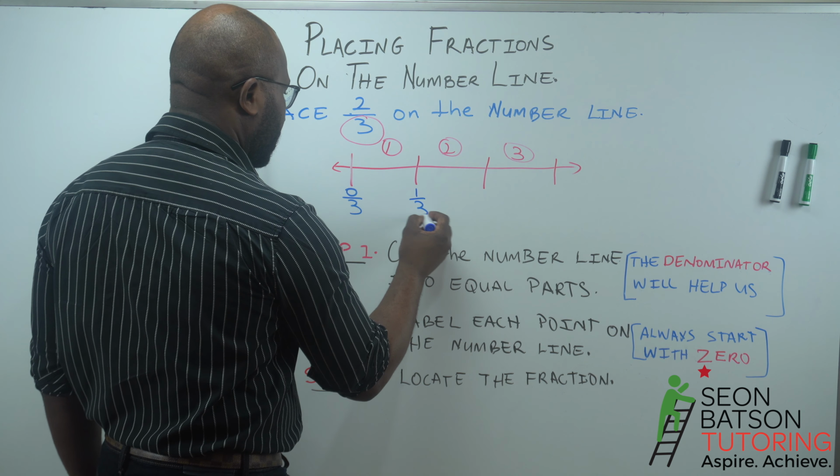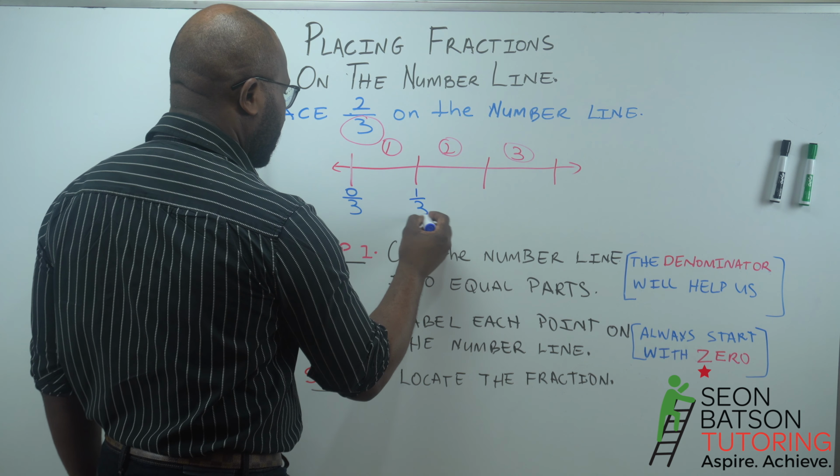Now this fraction right here, 3/3, is also a whole. Because remember, whenever the numerator and the denominator of a fraction are the same, the fraction is a whole. So we have successfully labeled each point on the number line.